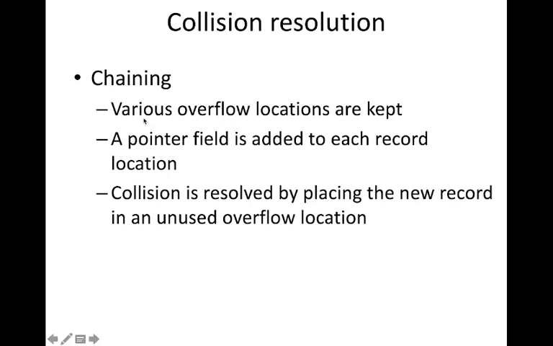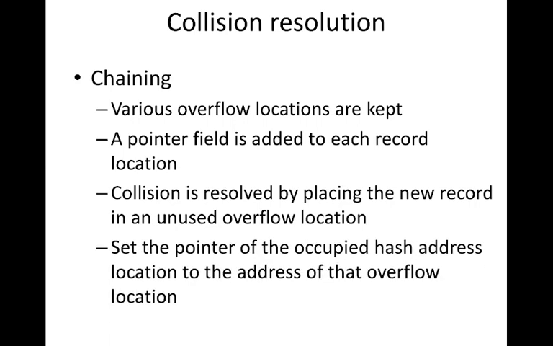If we get 172 and 172 for two different records, for the second record we will place it in the overflow location, and set the pointer of the occupied hash address location to the address of that overflow location.